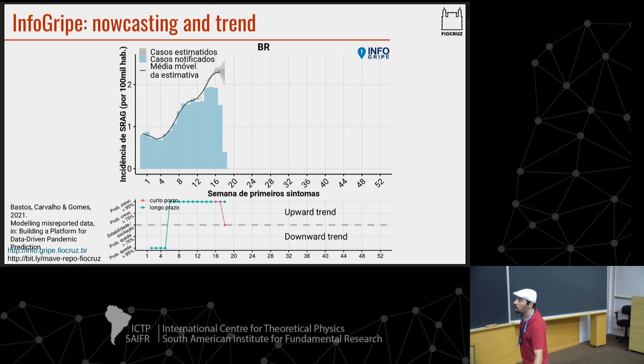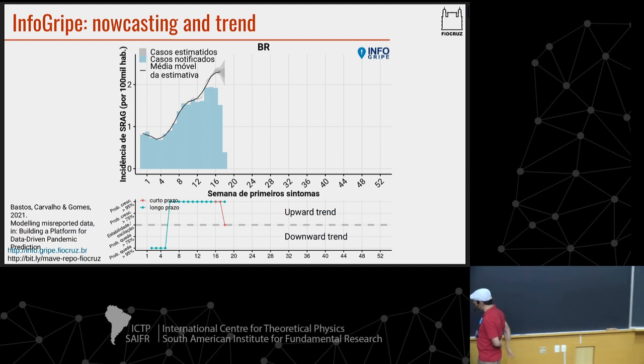And I promise that I will end soon. This is the nowcast provided for the country up to last week, so this is right now. In the upper panel we have the nowcasting estimates, and also a rolling average.